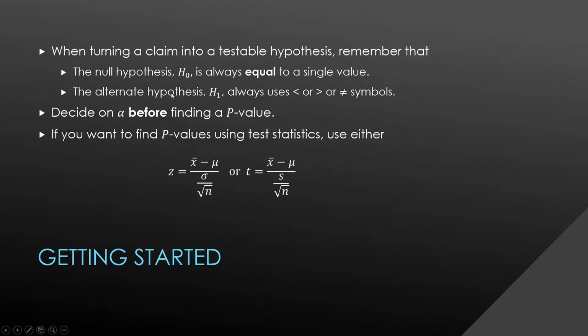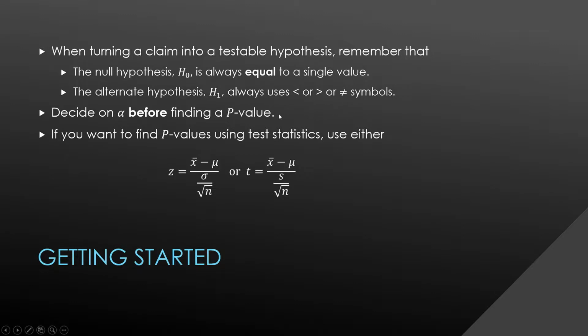And the alternate hypothesis marries the null hypothesis to what you claimed in some way. So if you claimed it was above 70%, you would use the greater than symbol. If it was claimed to be less than 70%, you'd use the less than symbol. And of course, if you claimed equality, then because it has to be different, you'll use the not equals to symbol.